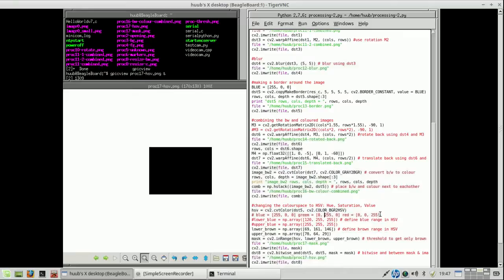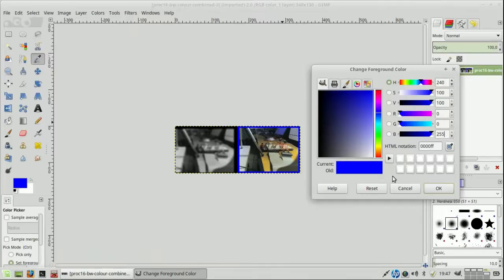But still, the question is, if I look to here, okay, let me change it again to brownish. Where's the 150?